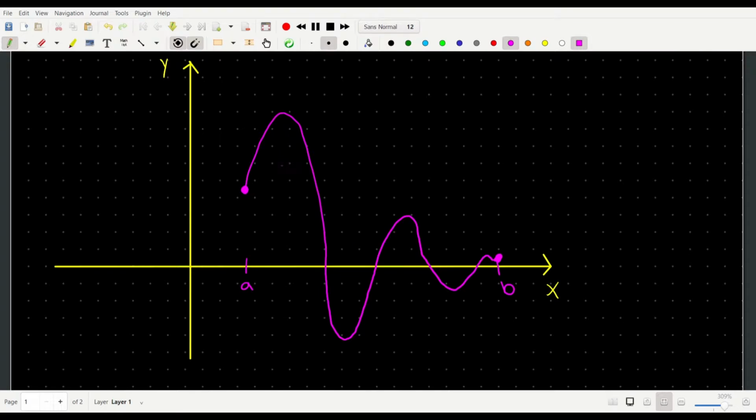So the definite integral of this function from a to b is the net area under this curve.